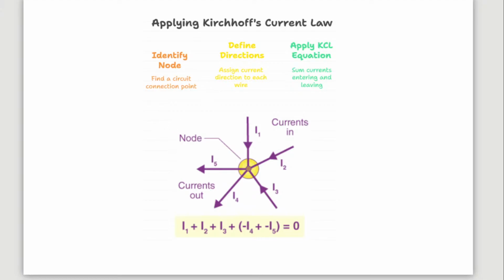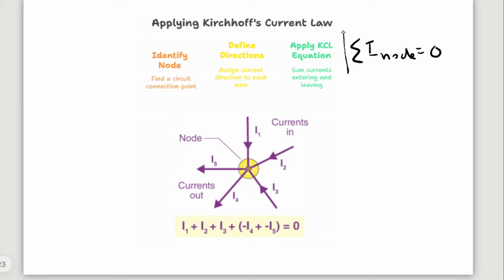The Kirchhoff voltage law was defined based on the algebraic sum of voltage in a loop is 0. So in case of Kirchhoff current law, the algebraic sum of current at a node equal to 0.